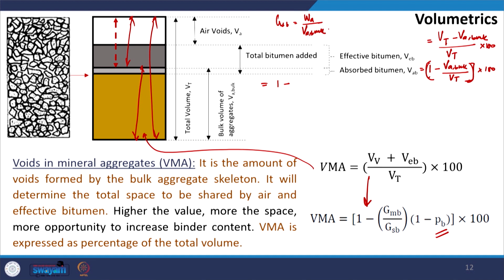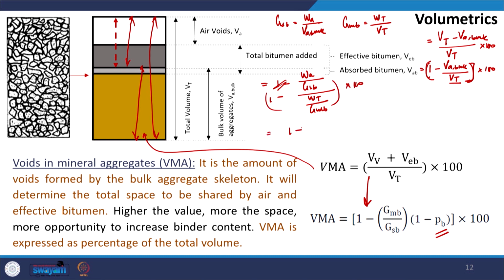I hope this is clear to everyone by now. So, V aggregate bulk can be written as weight of aggregate divided by GSB. In the numerator I have VT by W. So, bulk specific gravity of the mix GMB can be written as weight of the total mix by volume of the total mix. So, volume of the total mix is equal to Wt divided by GMB, into 100.